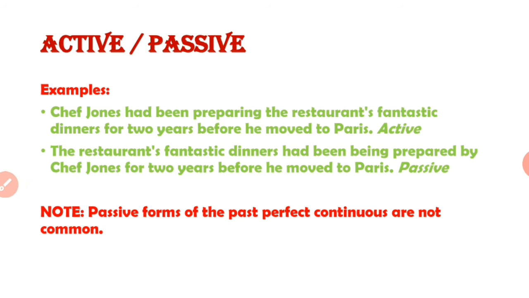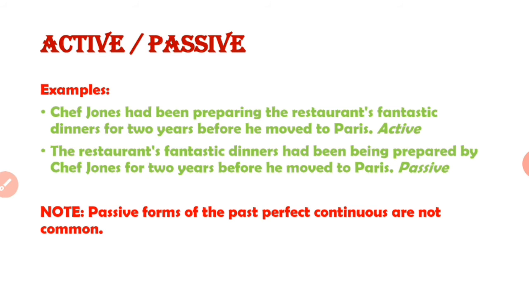Active or passive? Very commonly, I want to tell you, students, you have studied about active and passive. It means there are four tenses which can't be transferred or changed into passive voice: present perfect continuous, past perfect continuous, future perfect continuous, and future continuous.